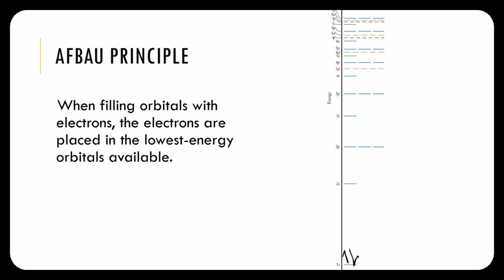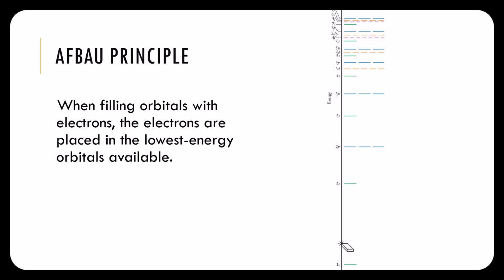One electron going into the orbital would be depicted as a half arrow pointing up. The second electron going into the orbital would be depicted as a half arrow pointing down. So this orbital is now full. It has 2 electrons. Then I would go to the next orbital, and I would start putting electrons in there. And that process would continue.